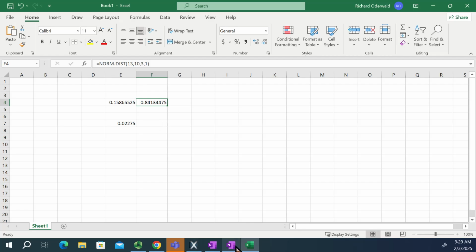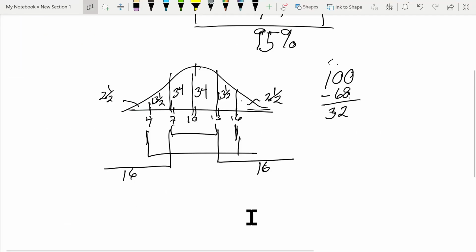Go back to this picture. Here's 13. How much is below 13? I got a 34, which is 68. I got a 13.5 and a 2.5.